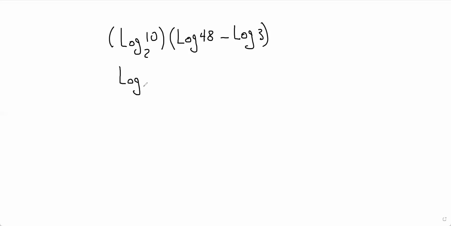So I'm going to write this as log base 2 of 10, and it just means times this. And when you're combining logs and it's a minus sign here, you could combine them under one log by dividing the 48 and the 3. So 48 over 3. And therefore, this here will be log base 2 of 10 times log 16.